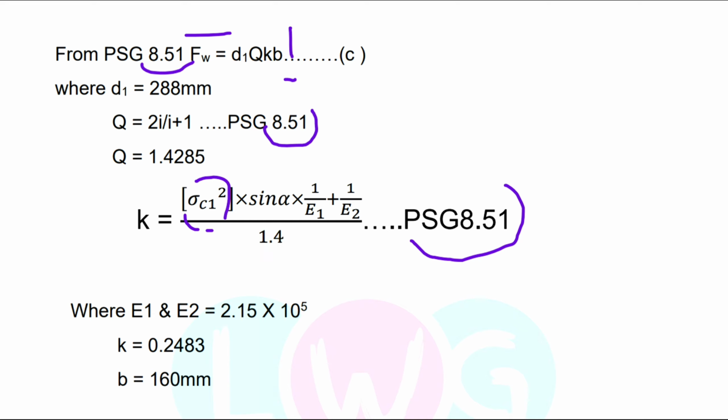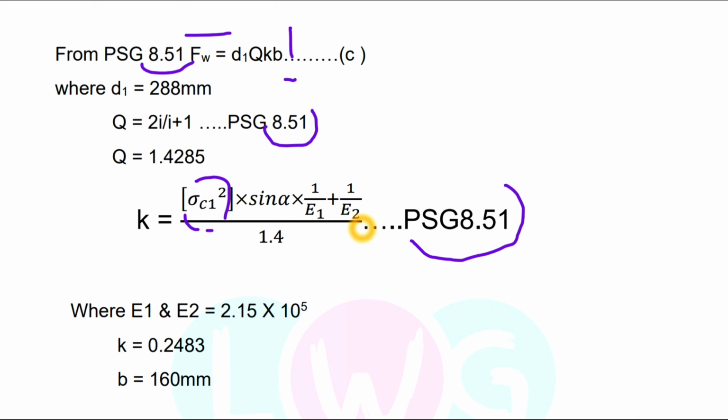Now we will find how to get the values of e1 and e2. E1 and e2 are both similar and are called equivalent Young's modulus.